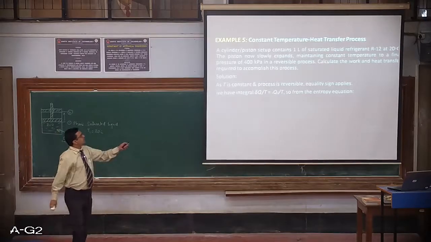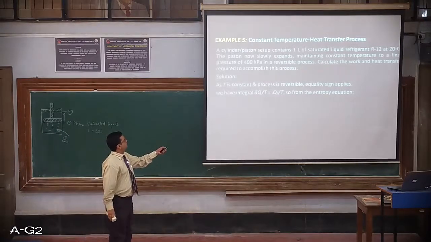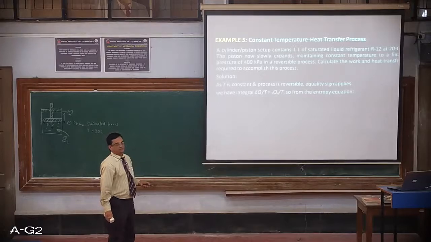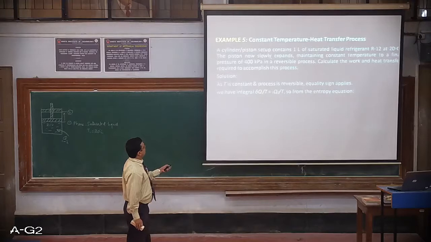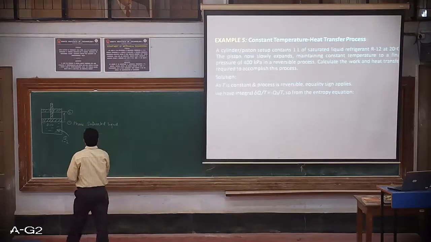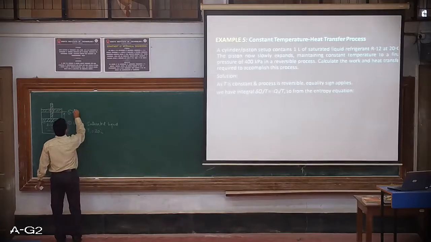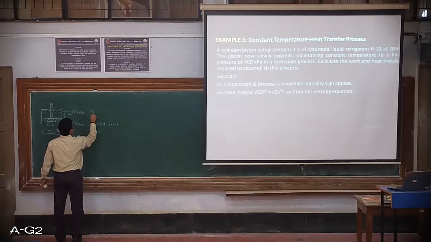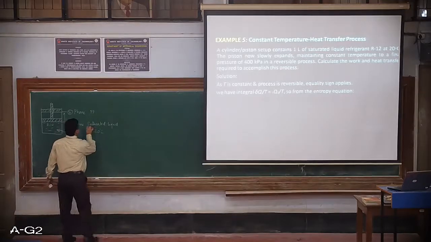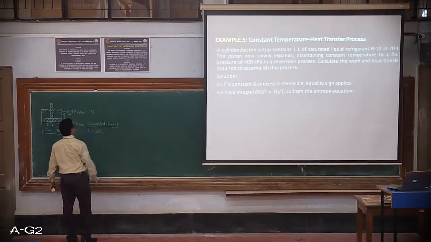Hence it is written over here as a constant temperature heat transfer process. The piston now slowly expands, maintaining constant temperature to a final pressure. Now here, the phase is yet to be established, so I leave it as it is. Earlier it was saturated liquid, now the phase is to be identified.